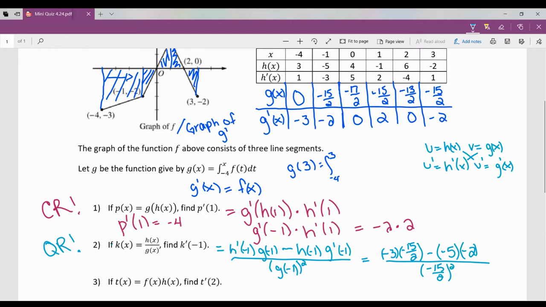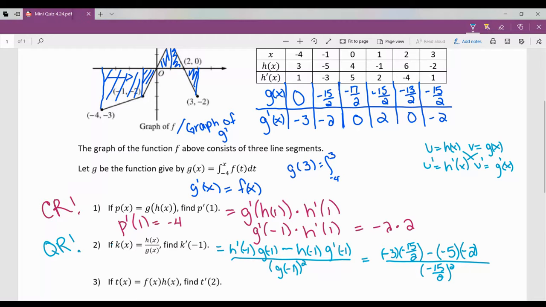squared. And now I look at this and I'm like, yuck. But guess what? On an AP, box that in as your final answer because it's all numeric. We don't have to sit there and be like, oh, okay, negative 3 times negative 15 over 2. I mean, you can.